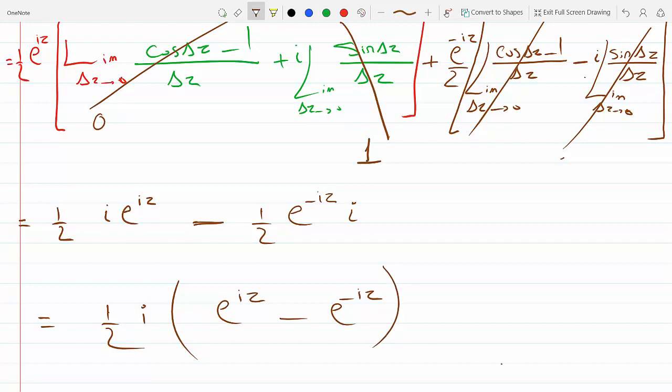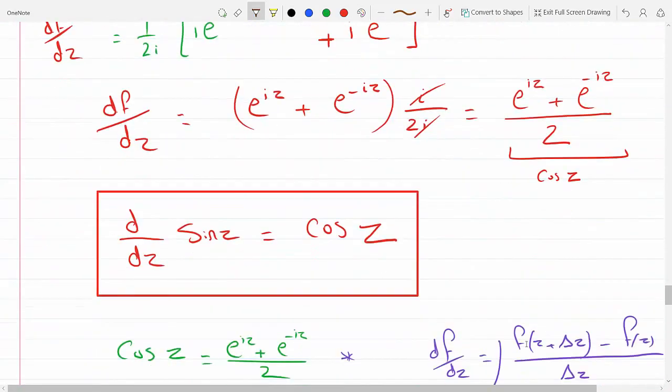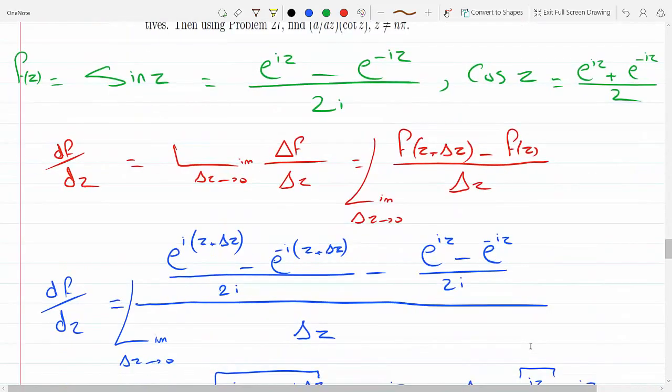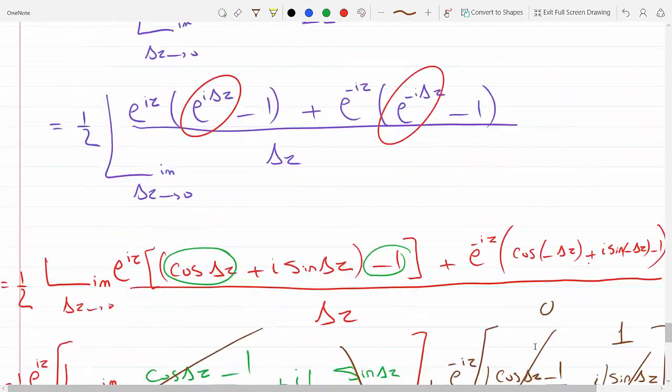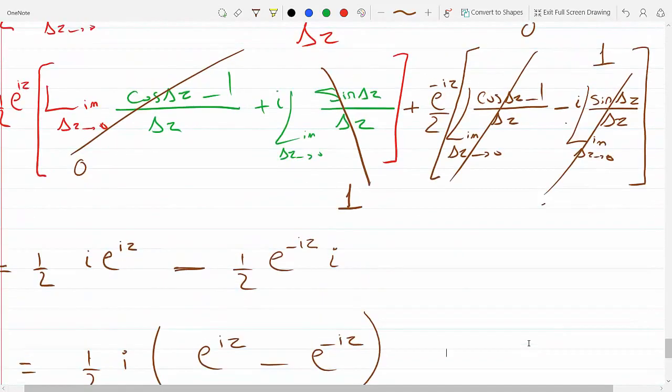And what's the definition of sine? Sine is, let's see, e to the iz minus e to the minus iz over 2i, right? Let me make sure here I don't have a sign mistake.